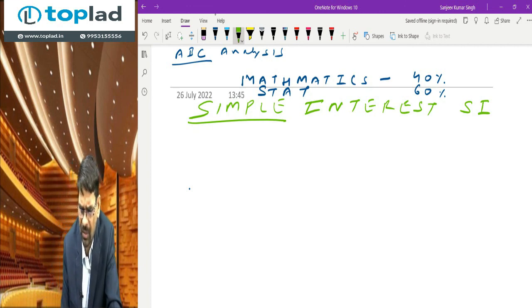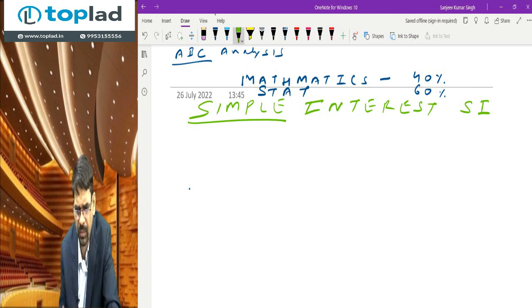Let's take a very simple example. You start the CMA foundation level. So you will invest some money. Definitely you will invest some money.